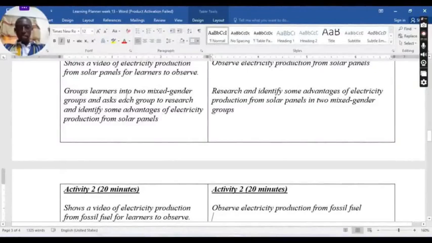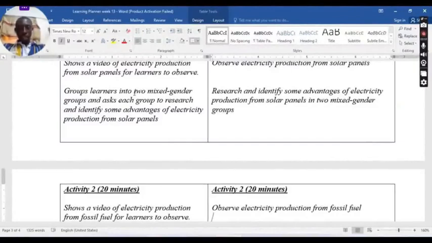So the first part in activity 1, they will watch a video on electricity production from solar panels. Then the second part is that I'll group them into 2 mixed gender groups and ask each group to research and identify some advantages of electricity production from solar panels.